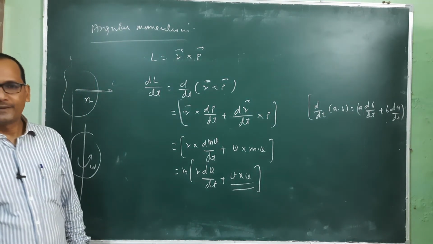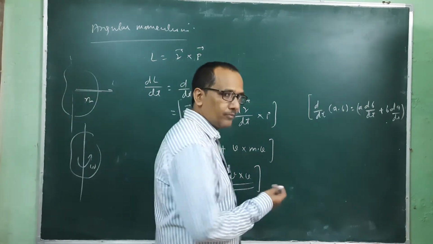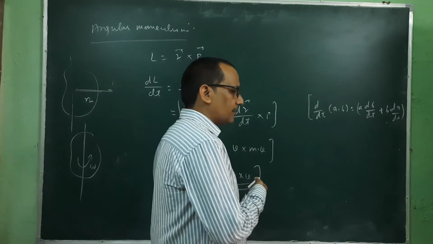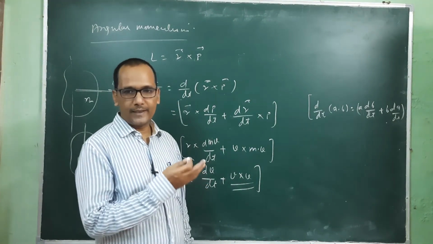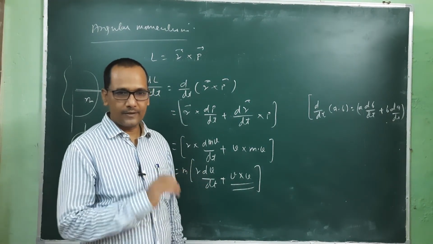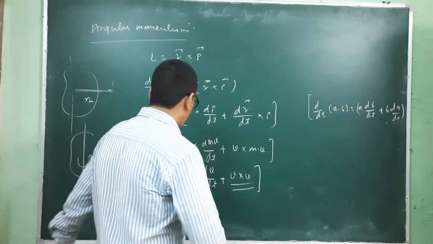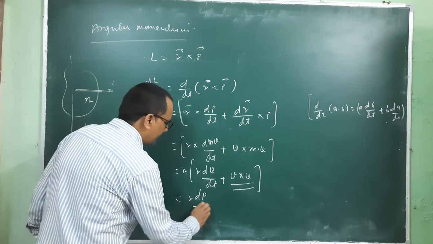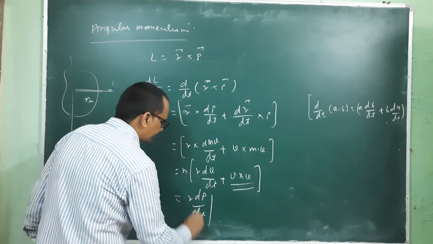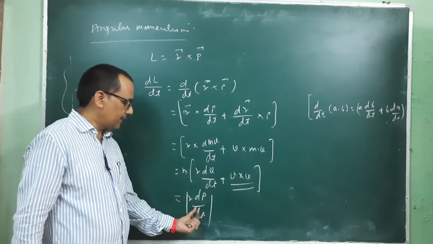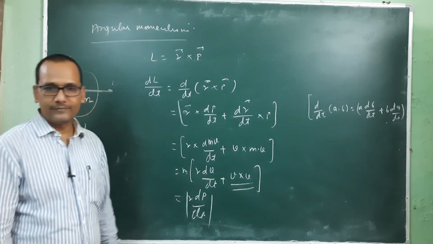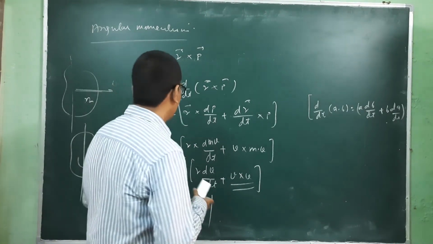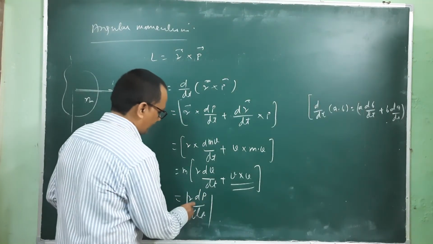You know the property of the cross product: i cross i, j cross j give result 0. So v cross v is equal to 0. So this is again R cross dp by dt. And what is dp by dt? The rate of change of momentum, which is force.